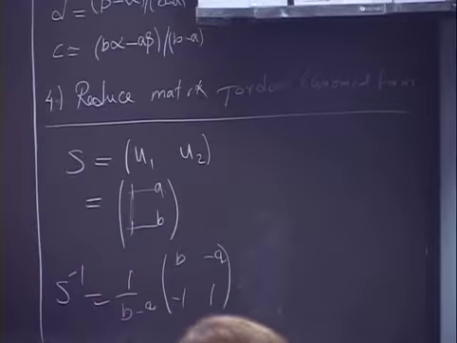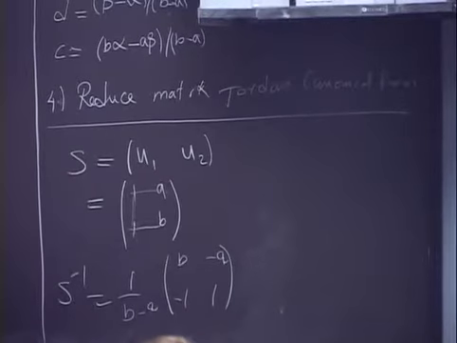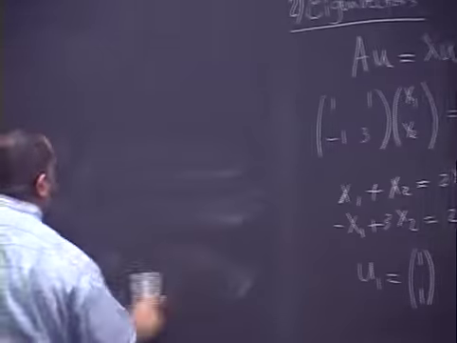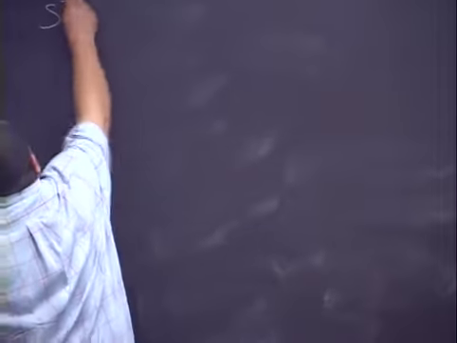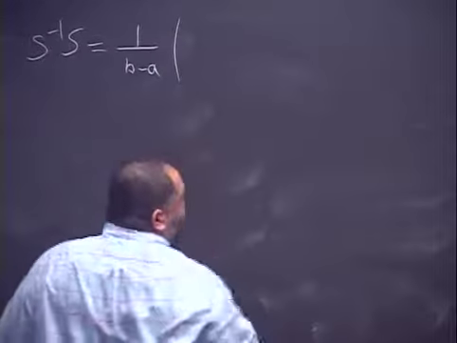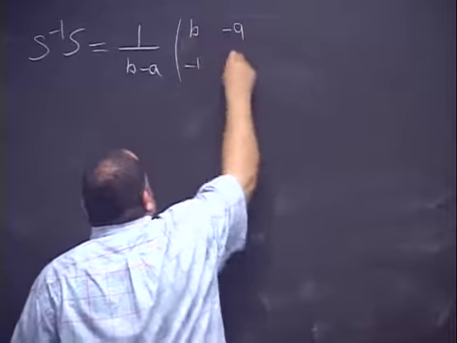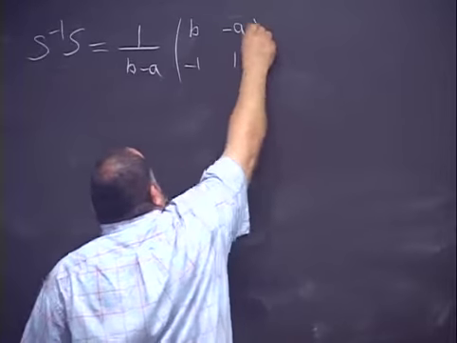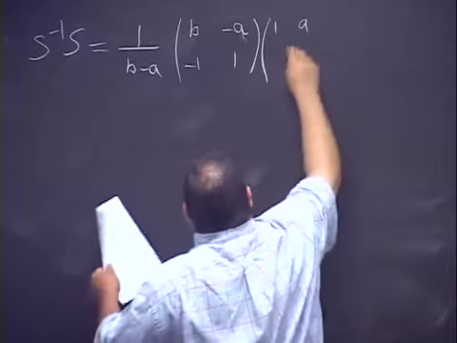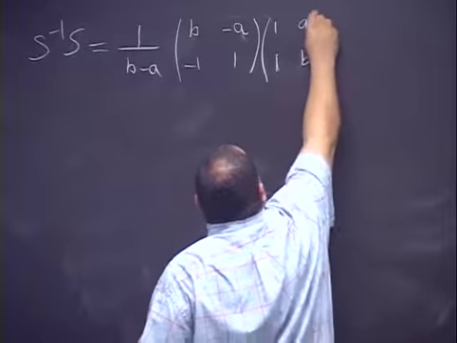So if you multiply now S minus 1 with S to make a check, just a check, what's the multiplication of S minus 1 and S? It will be 1 over B minus A multiplied by (B, minus A; minus 1, 1). And what's S? (1, A; 1, B).